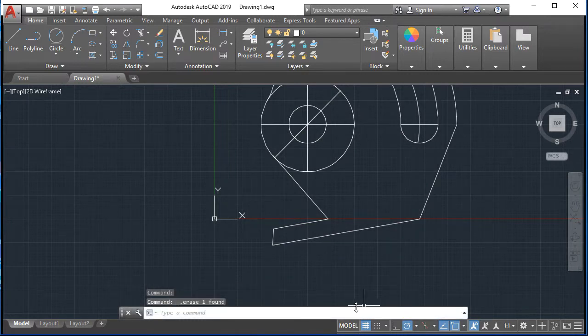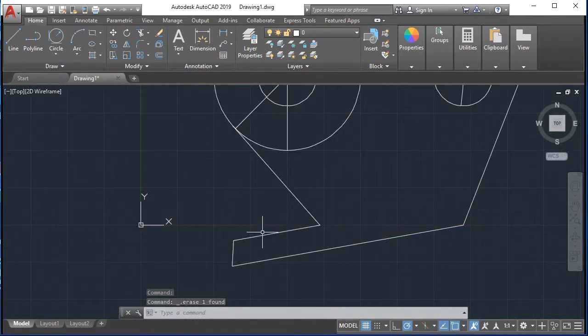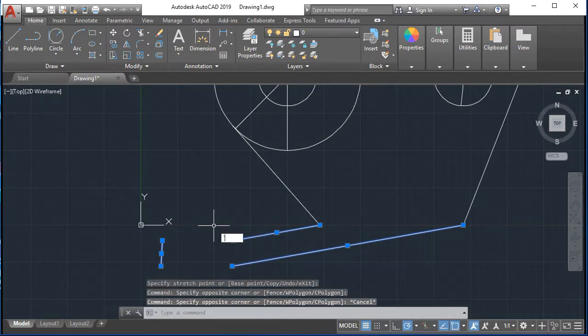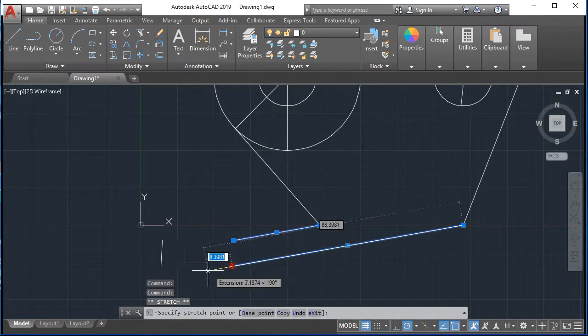So remove this. If you want to extend this, just simply select these two lines and this line also, and make it until here. Select this line and this line, extend until here.